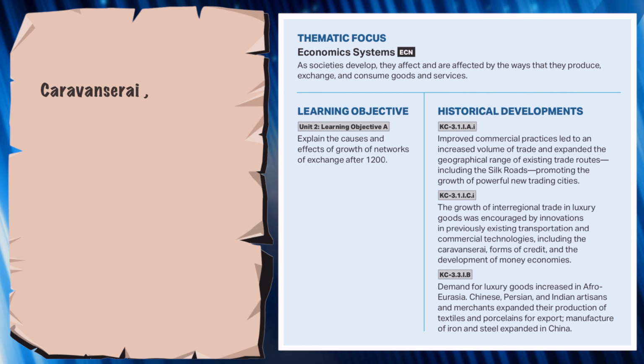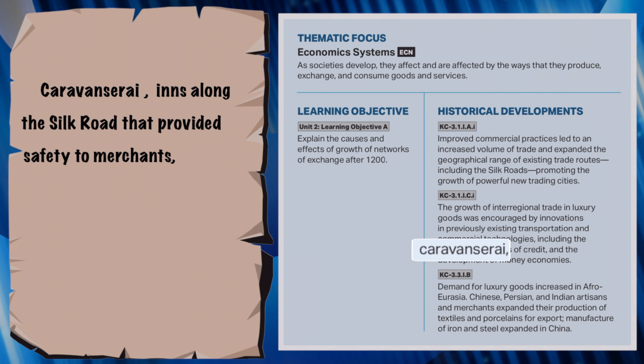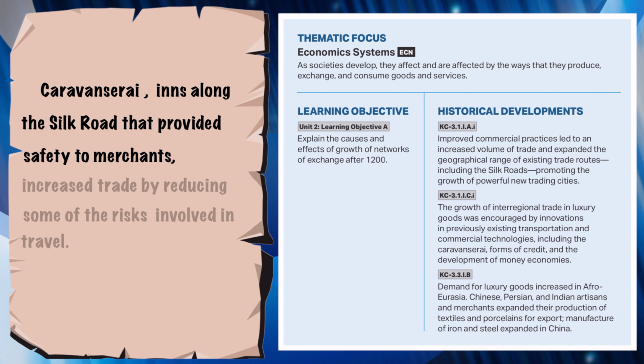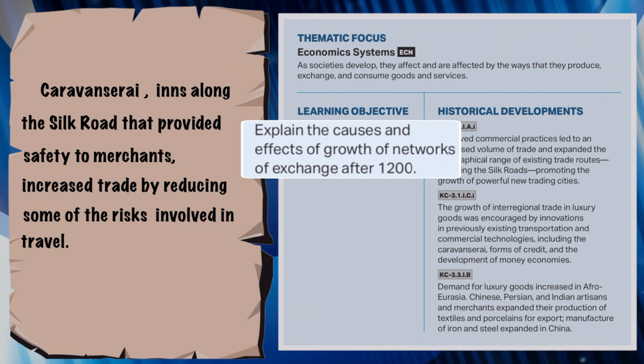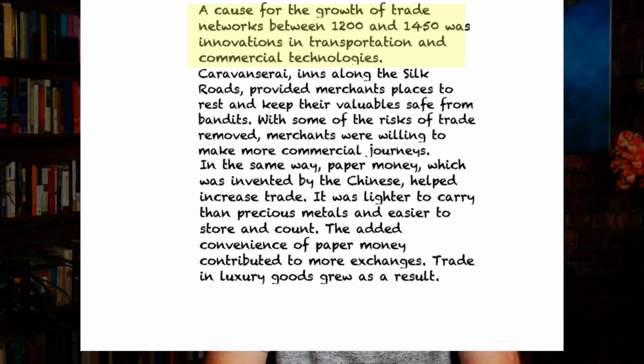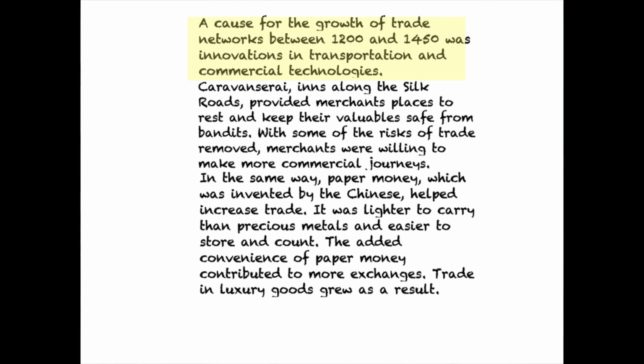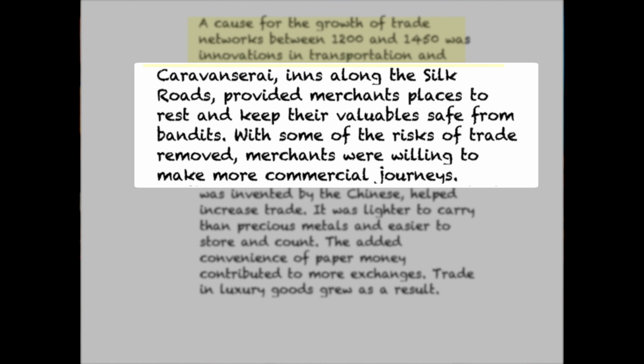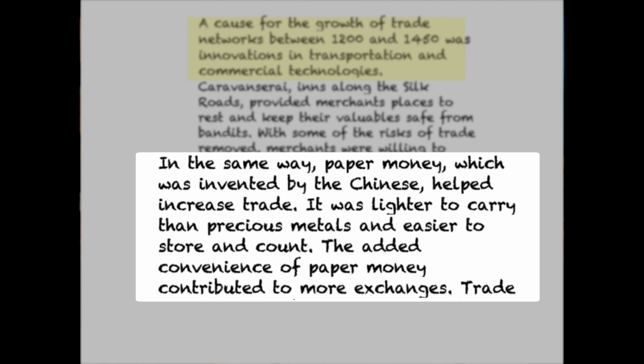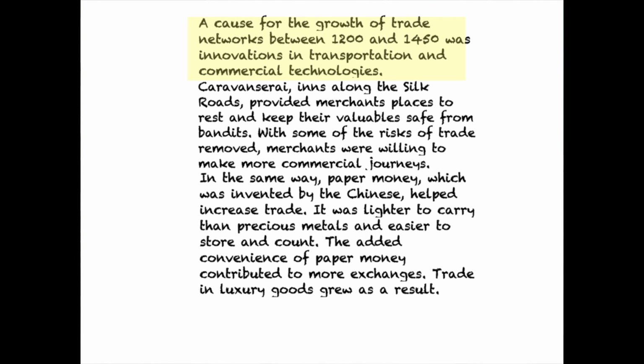The next example you've already seen in the last video on paragraph construction. Caravanserai, inns along the Silk Roads that provided safety to merchants, increased trade by reducing some of the risks involved in travel. Remember in the previous video, we supported a claim about the growth of trade networks with two pieces of evidence, caravanserai and paper money, and both used appositives to support the analysis that supported the claim.